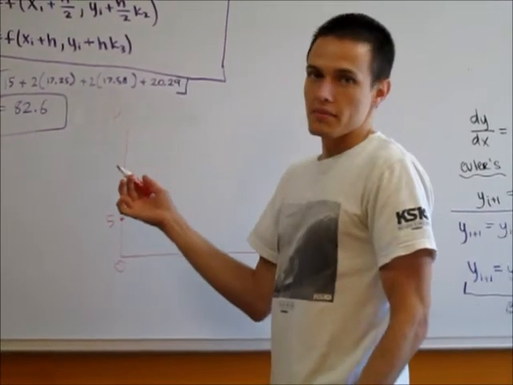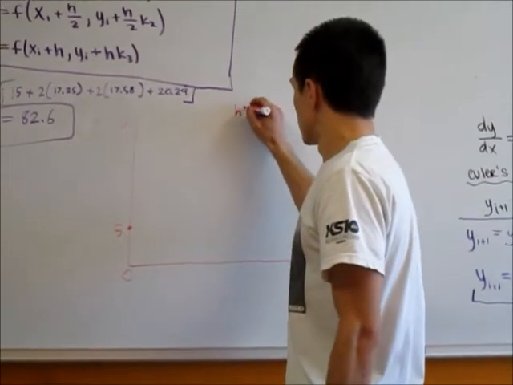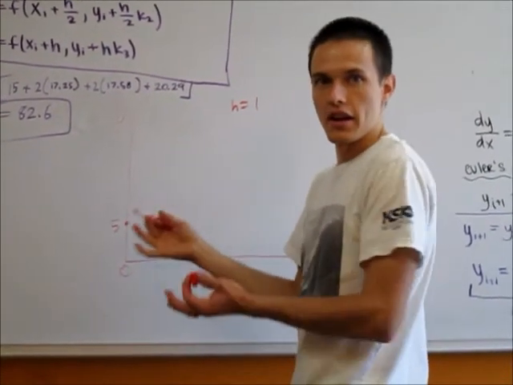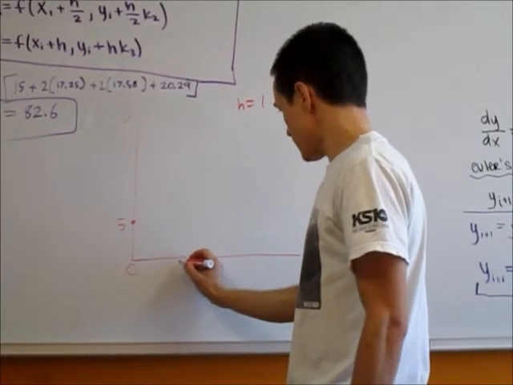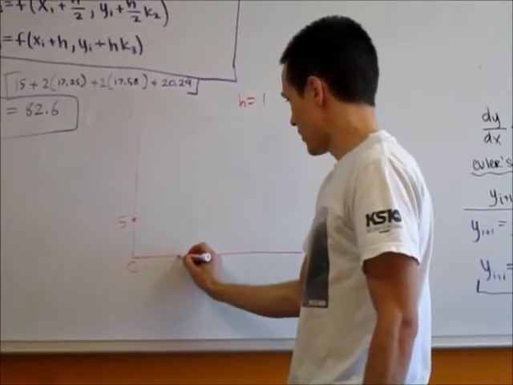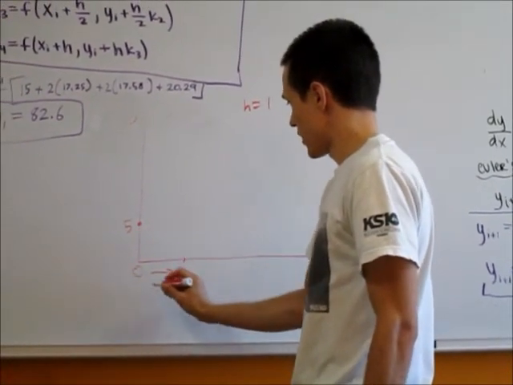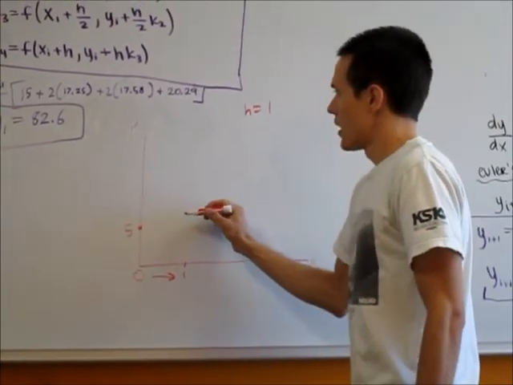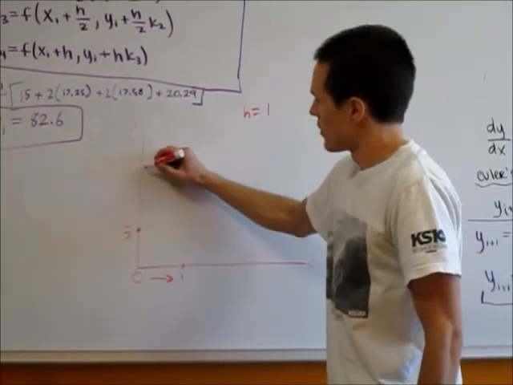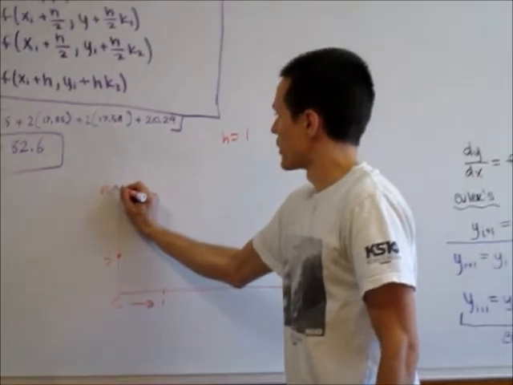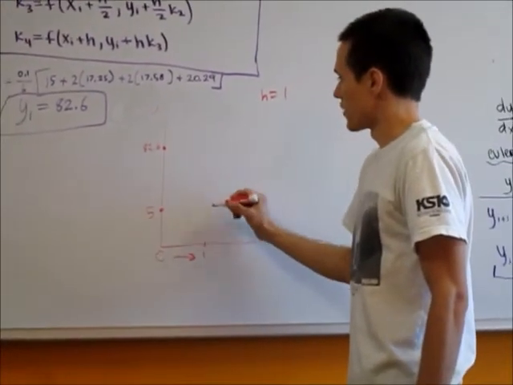Then, because we knew our step size, h, is equal to 1, that's basically like our change in x. So our next x would be right here, which would be 1. So this is our step size. And we found that to be 82.6. It was our next y value.